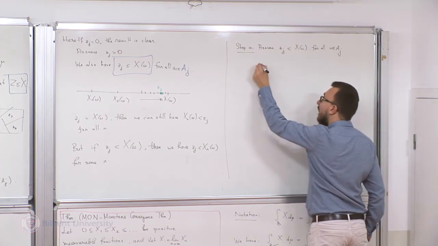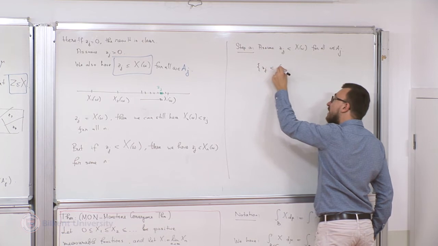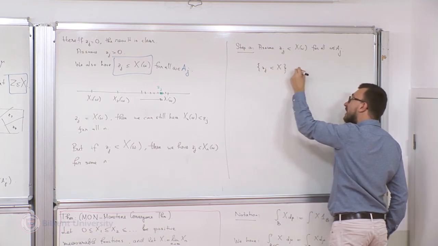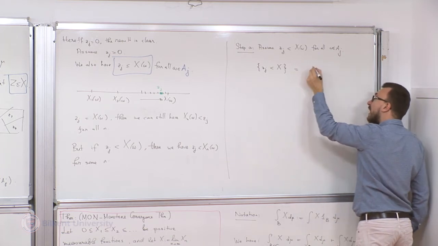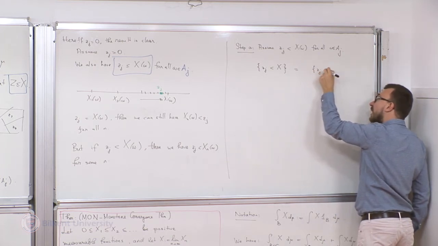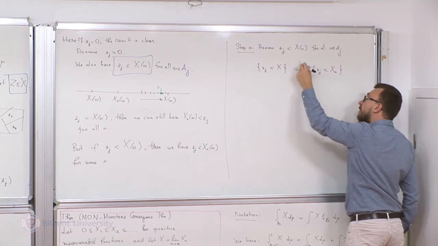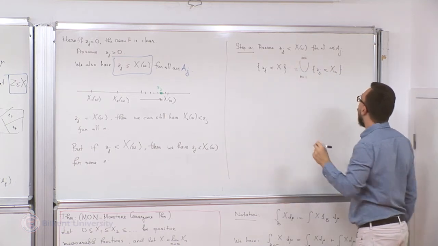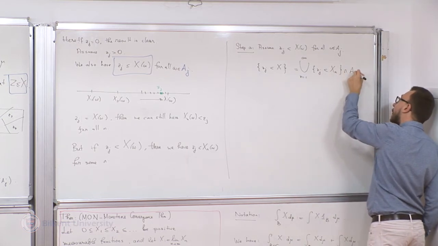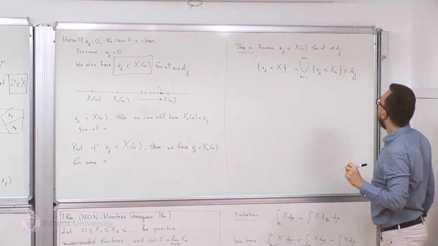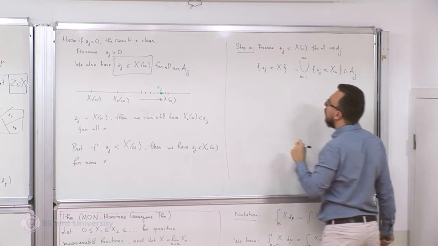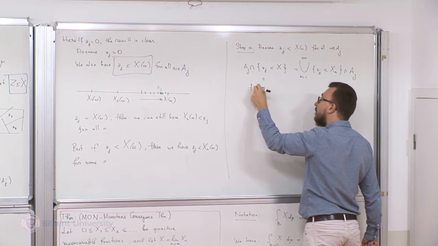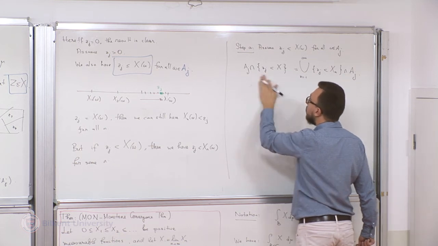Because then Zj less than x of omega, or the event that Zj is less than x, simply means that Zj is less than xn for some n, of course on Aj. But this is simply Aj. Let's leave it this way.